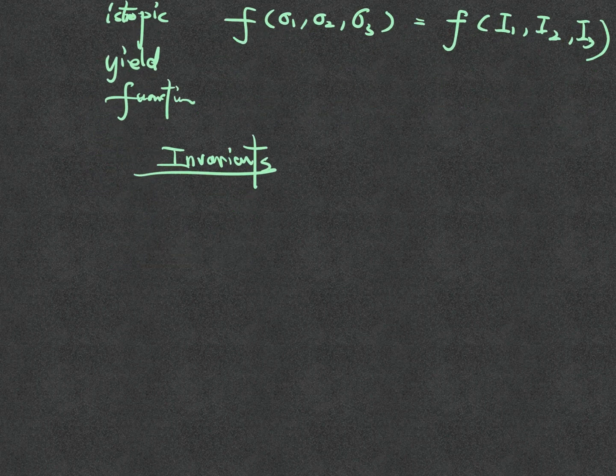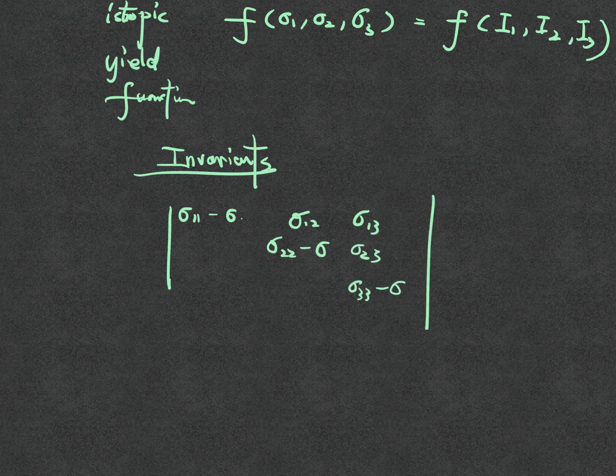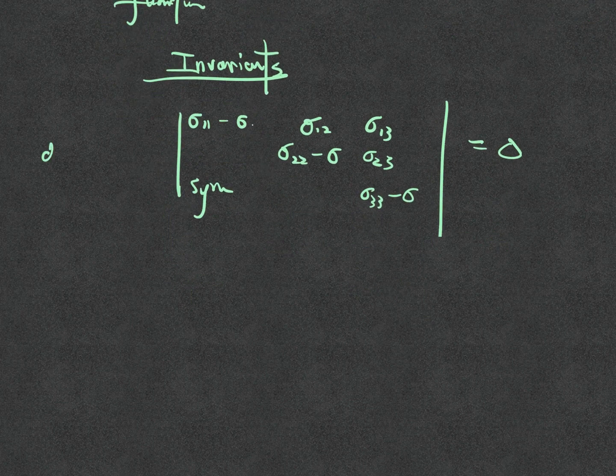We get the invariants from something that I talk about many times: compute the eigenvalues by trying to obtain the characteristic polynomial. So this is simply the determinant of the stress sigma minus the sigma component times the identity.